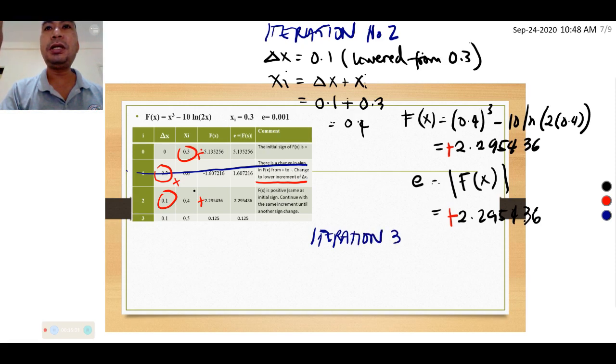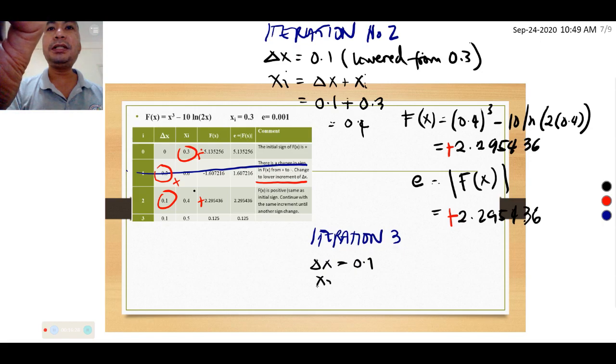iteration 3. In our iteration 3, our delta x will still be 0.1. Why again? Because there is no change in sign, there is no need to lower the delta x.